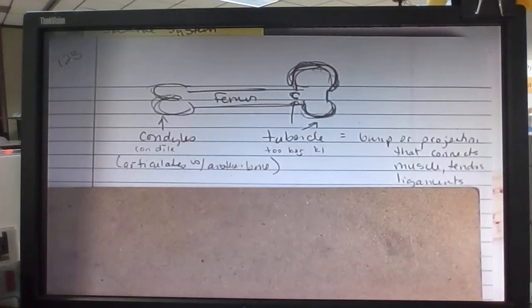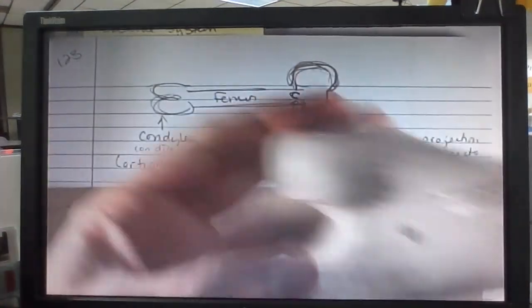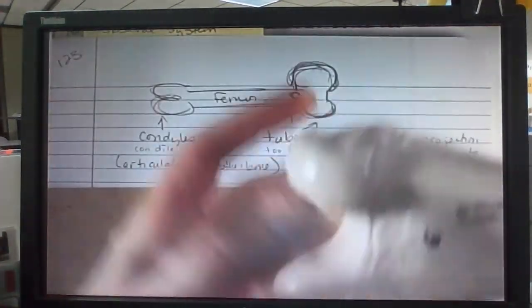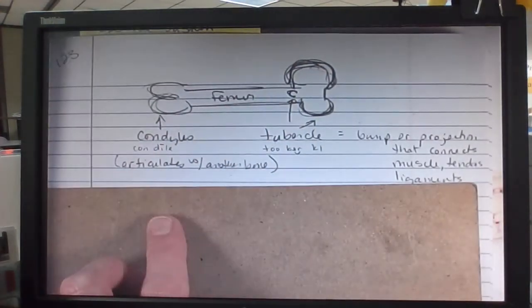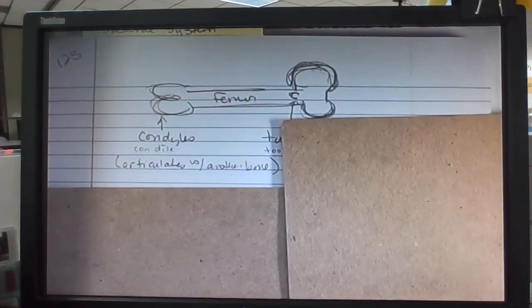All right, so condyles. This end right here is where it articulates with another bone. Let me have your attention for just a second. Articulate with another bone means where they're going to come in contact with and move around with another bone. So this part of my femur right here, these are my condyles. Articulate with another bone means come in contact with, move around.